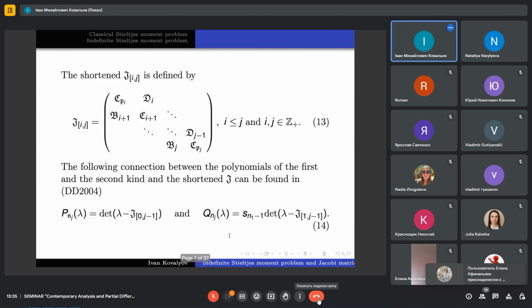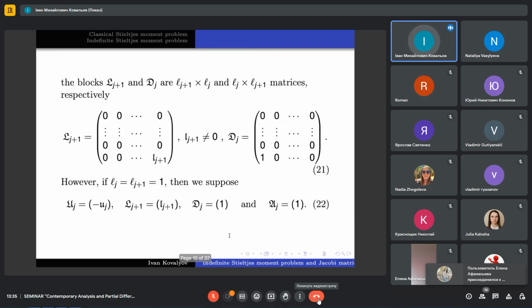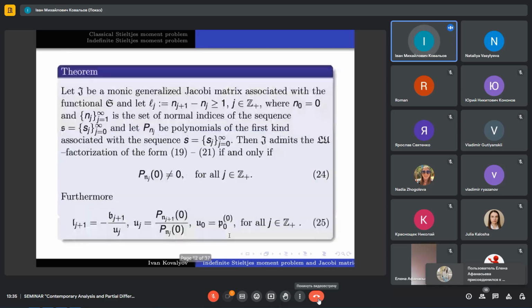So this is one. In this situation, where we consider the LU factorization, we obtain the following formula 25. And in this way, we get a formula for u_j.